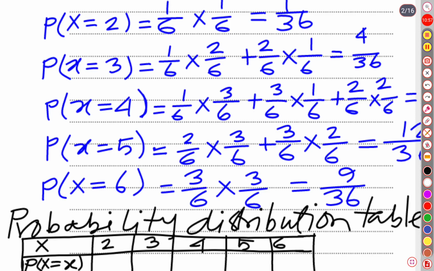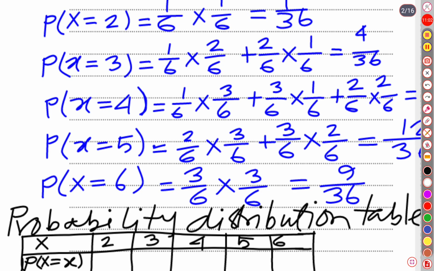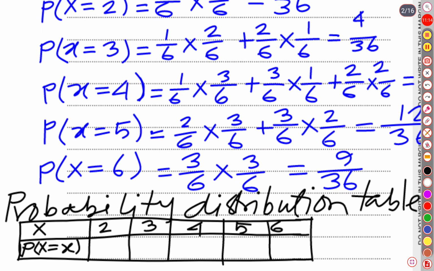If we divide 1 by 36, it is going to be 0.078. So let us write 0.078.